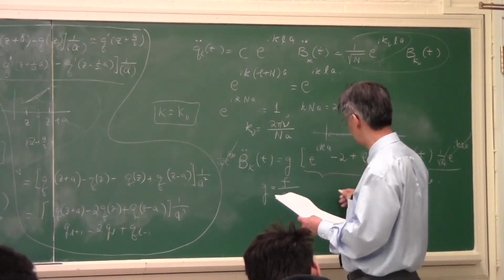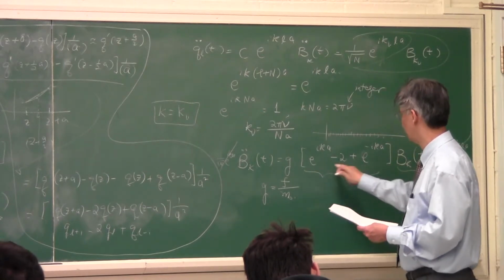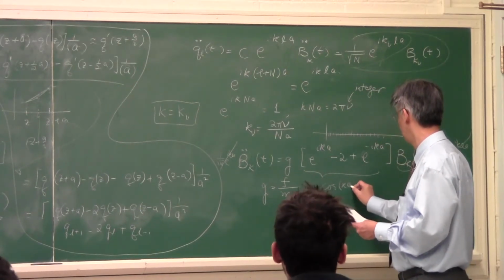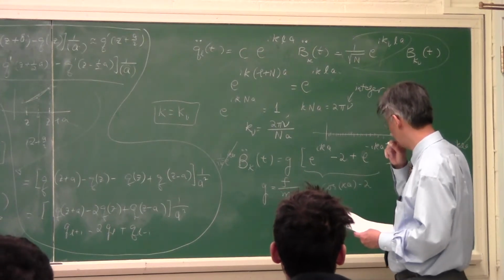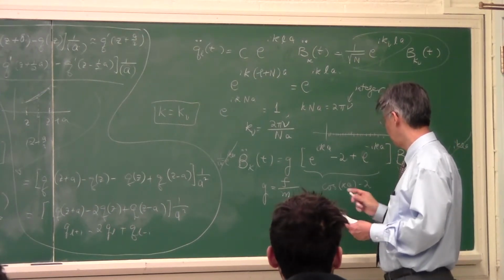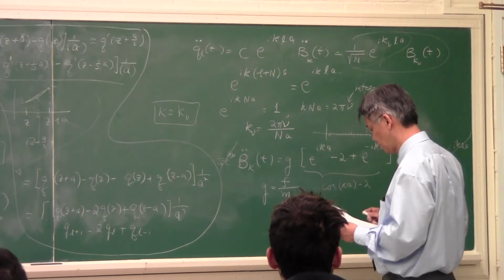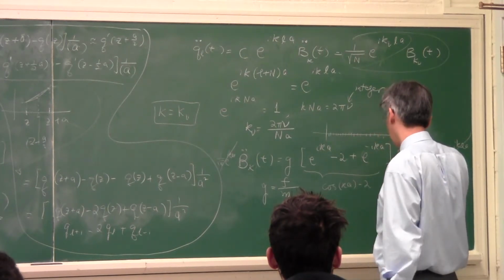Consolidate this term that's in front. This gives me cosine, so it's like cosine of Ka minus 2. And then cosine of Ka minus 2, I can further compress into something that looks like sine, right?